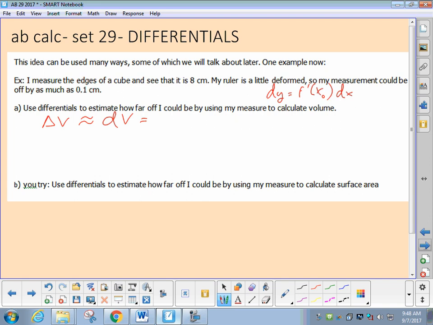So let's actually go off to the side, pause for a second, and get a volume equation established in our mind. What's an equation for volume of a cube? X cubed, side cubed, you could use S cubed, that's fine. I'm just using X to represent the side. You agree though that the volume of a cube is X cubed. Okay. Then in terms of the notation we're going to use, there is no F here. We're going to use the derivative of V, V prime.